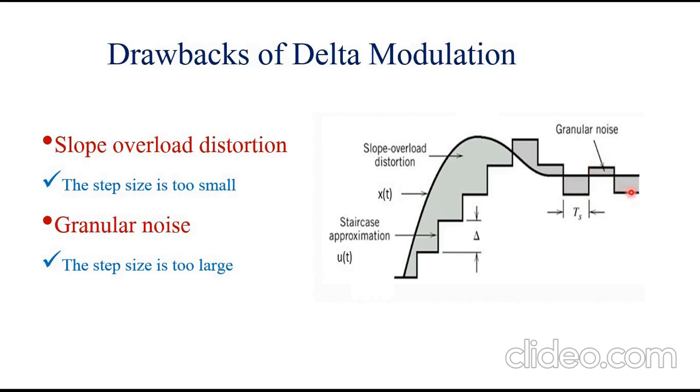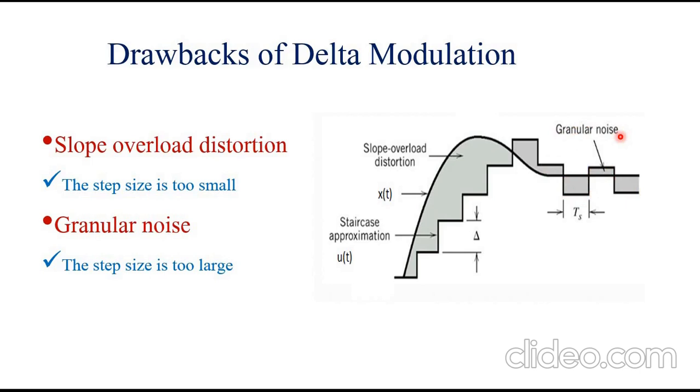And when the input signal is almost flat, the staircase signal u(t) keeps on oscillating plus minus delta around the signal. So the error between the input and approximated signal is called granular noise.